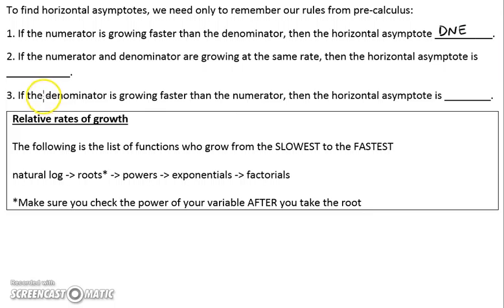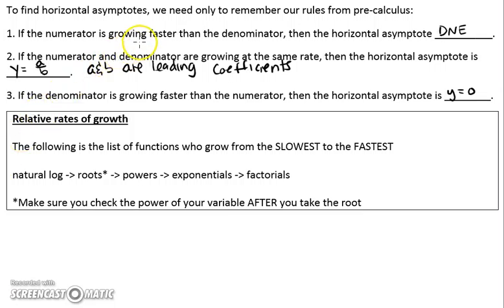If the numerator and the denominator are growing at the same rate, then the horizontal asymptote is equal to y equals a over b, where a and b are the leading coefficients of your numerator and denominator. If the denominator is growing faster than the numerator, then the horizontal asymptote is y equals 0.